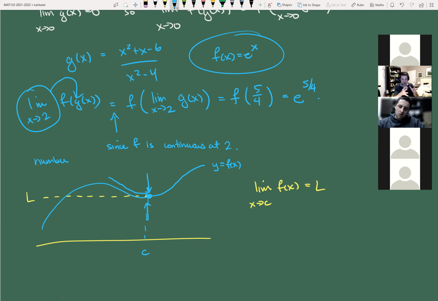The limit has to normally stay outside of the function because you only care about what happens away from that point. But when I care about that point itself, f of C, and I put that limit inside, I'm saying actually look at C, actually look at what happens at the limiting point.